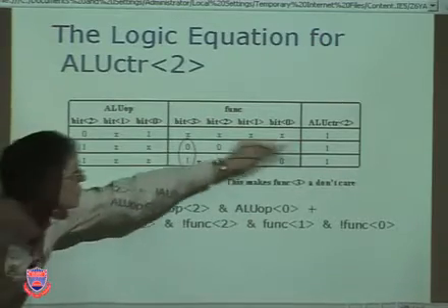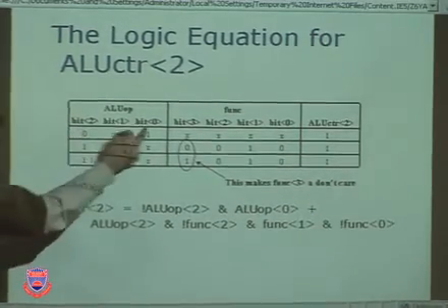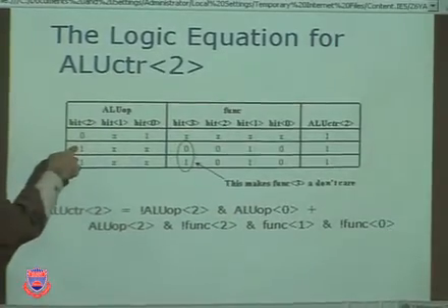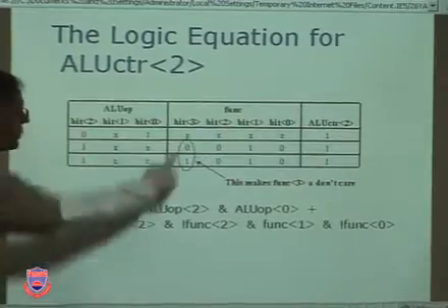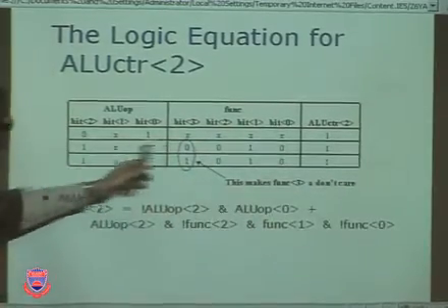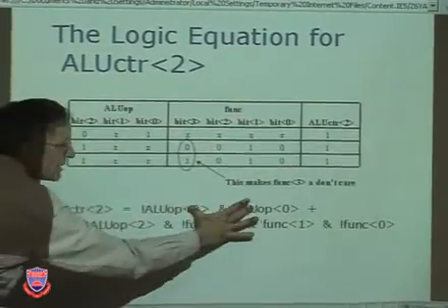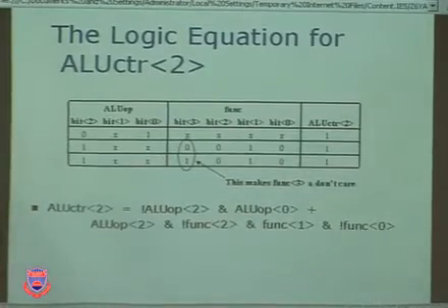And it's true when I either have this situation, which says that's 0 and that's 1, or when I have this situation where that's 1 and that's a don't care, and these are 0, 1, 0. Remember, don't cares go out. So these 2 mean that first line. These 4 mean these 2 lines.